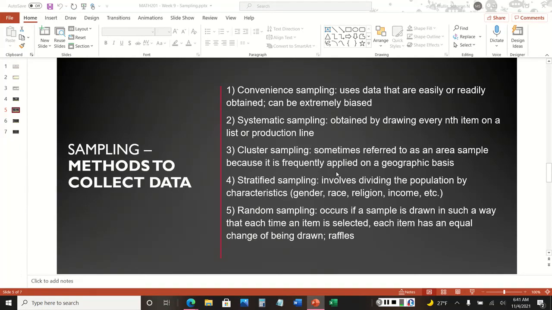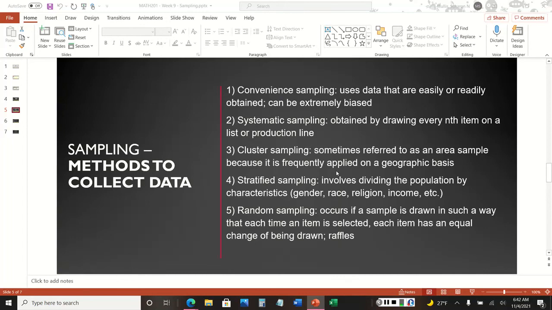So if you're working in a facility and you're planning on testing the quality, you're going to take every 50th item, every 100th item to inspect and make sure that it meets the quality and the standards. So you're doing systematic sampling because you're taking every nth item on the list to obtain that subset.